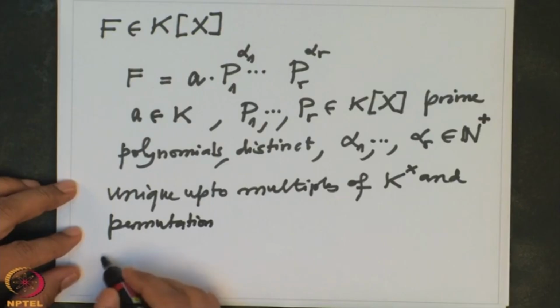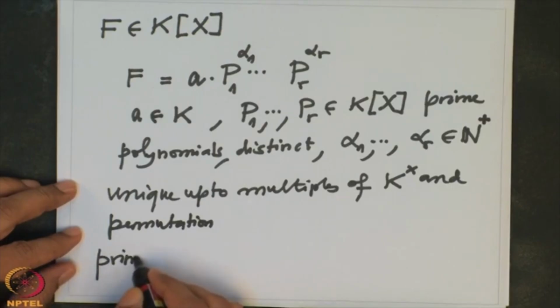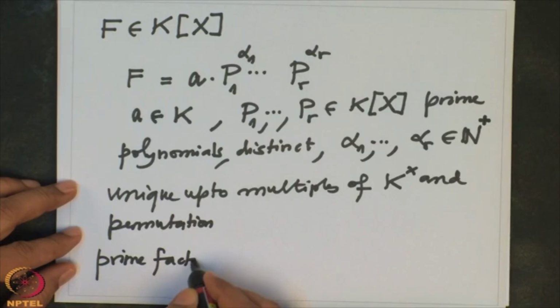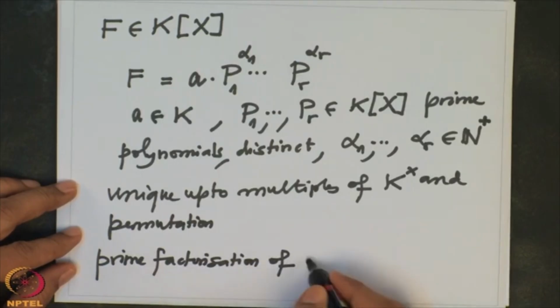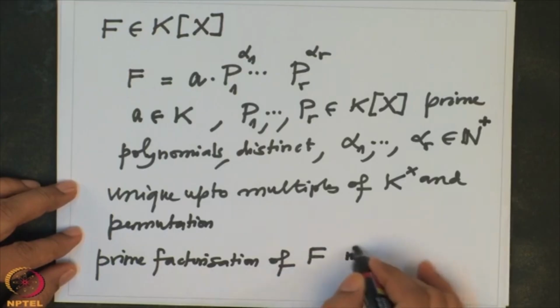So this is called a prime factorization of f in K[x].